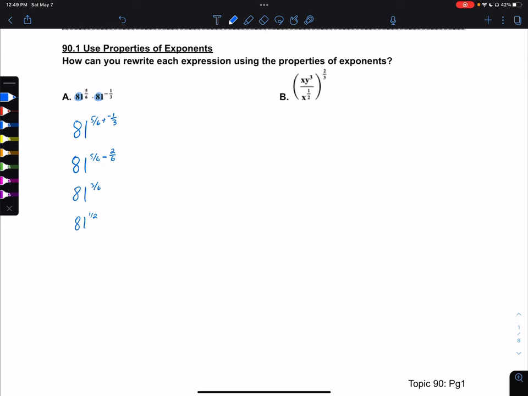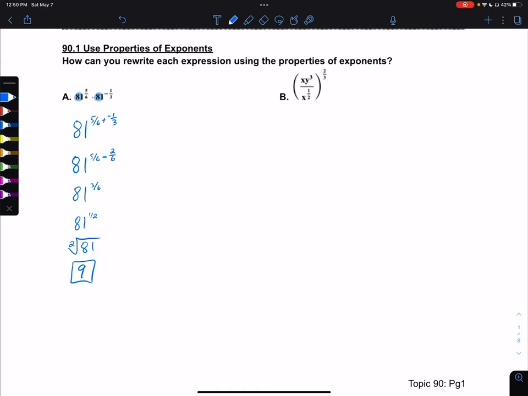And then we never want our final answer in fractional exponents, so we're going to rewrite this in radical form. And the square root of 81 we know is 9. Okay, so this would be our expression rewritten using properties. Now, obviously, since it's all numbers in this example, you could just type this into the calculator and figure out what the value would be, but we are looking to practice our properties of exponents. So that would be part A.